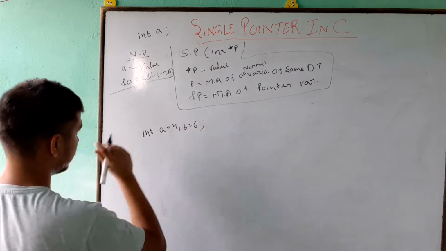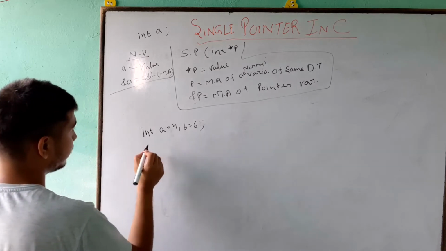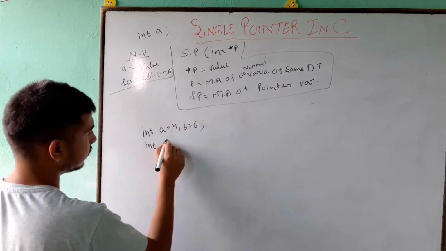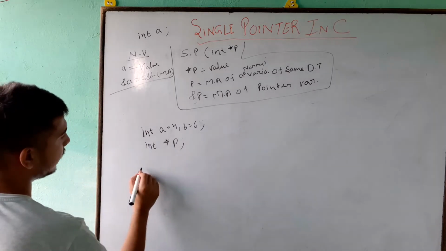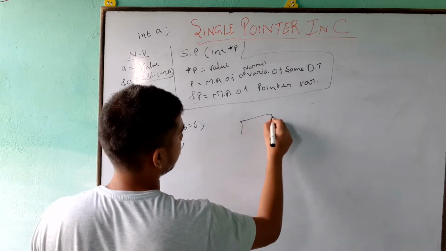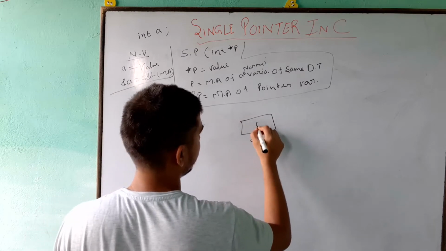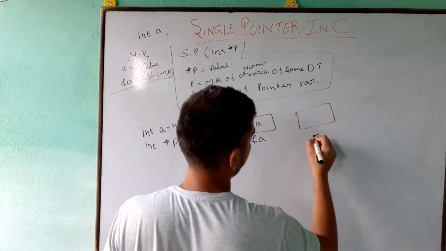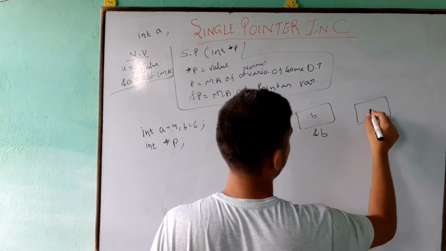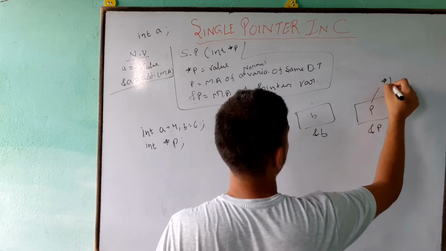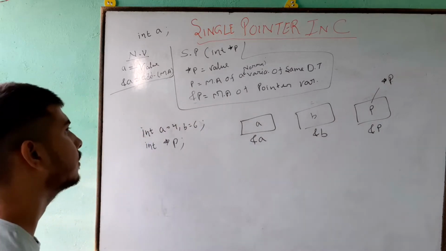Just be patient a little, it's going to be a little complicated, but not too much. *p, right? Now let's make the memory locations also: &a, &b, &p, and *p also there.